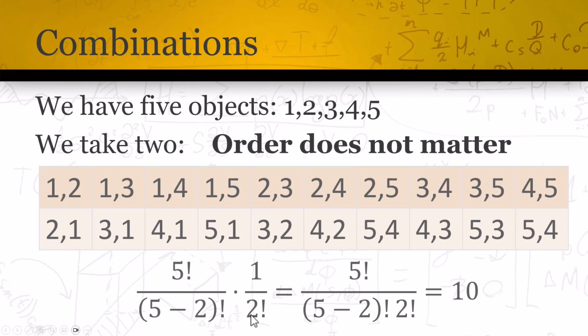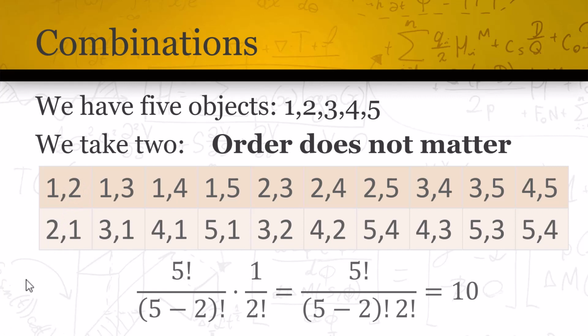And then noticing that every single group has r factorial permutations. Notice here we are taking collections of 2, and for every collection of 2, there are 2 factorial ways that they can actually be ordered.